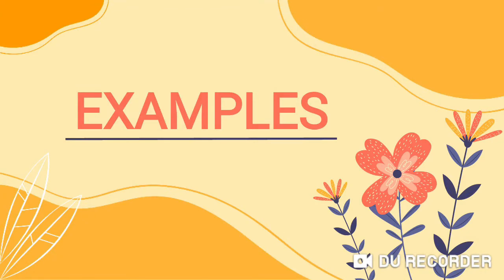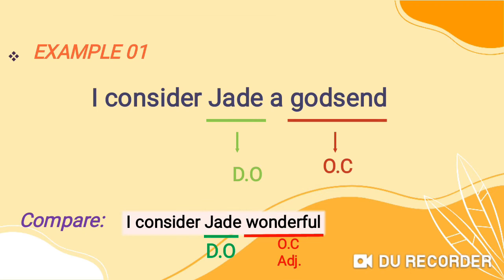Okay, so we have another example about direct object and also object complement. In example number 1, we have: I consider Jade a godsend. Jade here stands as the direct object, and godsend here stands as the object complement.